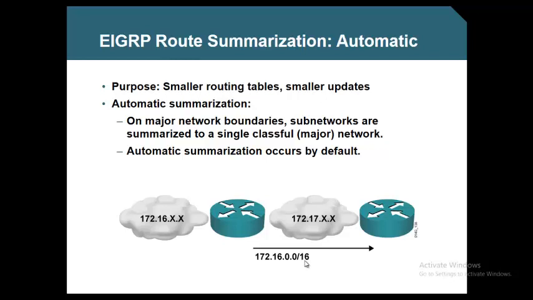Understand? So we can do something called auto summarization, where you need not specify what mask to carry. You can simply ask EIGRP to summarize to classful boundaries. You know what classful boundaries are? If it is class B, then the classful boundary is /16, isn't it?